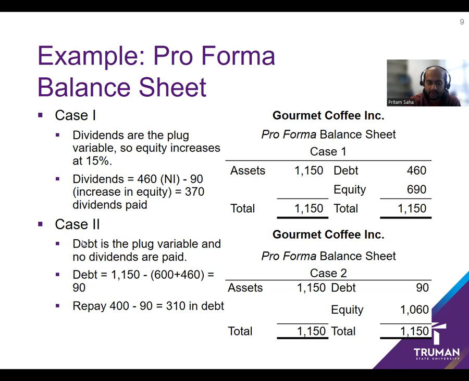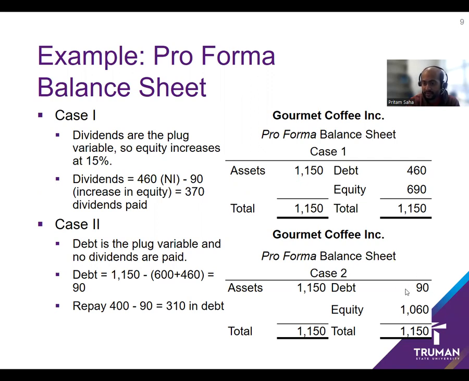Case 2, we are saying debt is the plug variable. So we'll change debt and we will not pay any dividend. All this 460 is kept. Now this is our new equity value, 1060, and the difference between 1150 and 1060 is debt, 90.